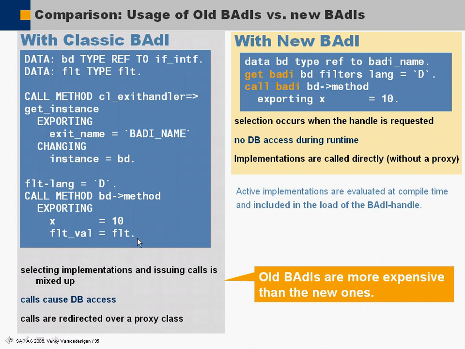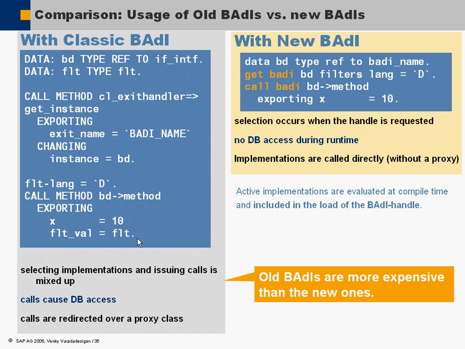Because of this, the BAdI implementations could be determined only at the runtime, and due to that fact, a database access is a must at runtime. That is, selecting the actual BAdI implementation and then executing those.